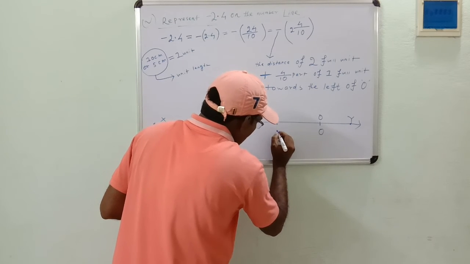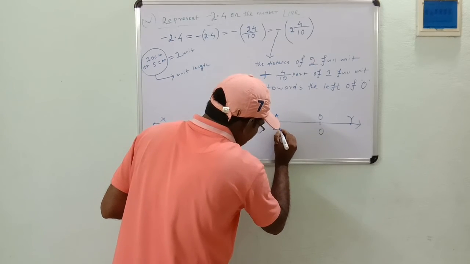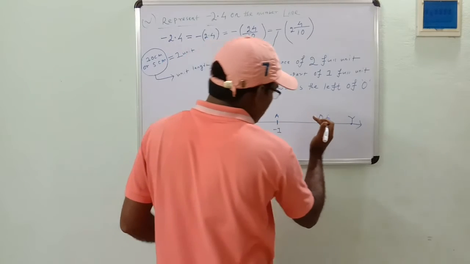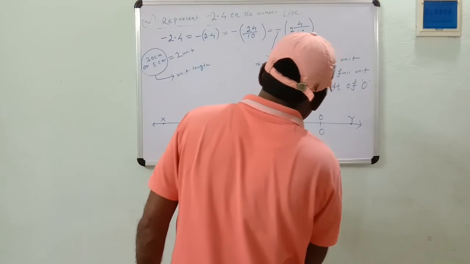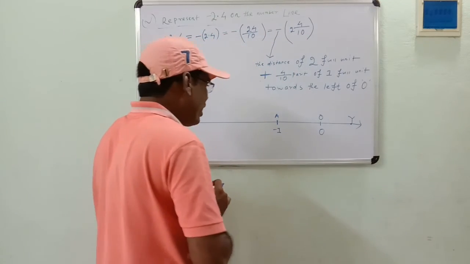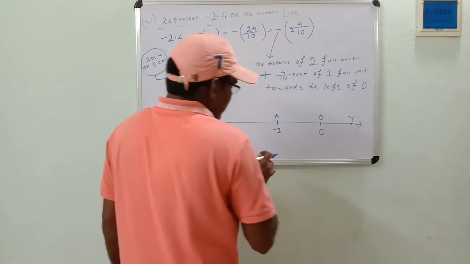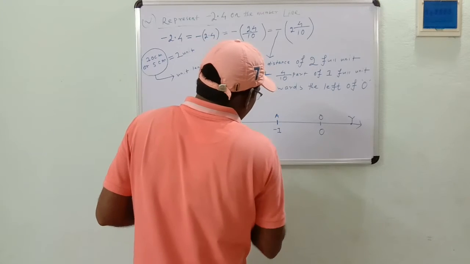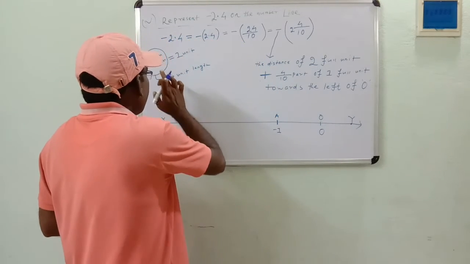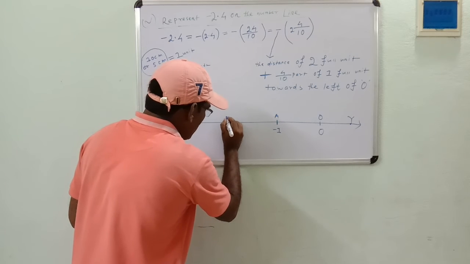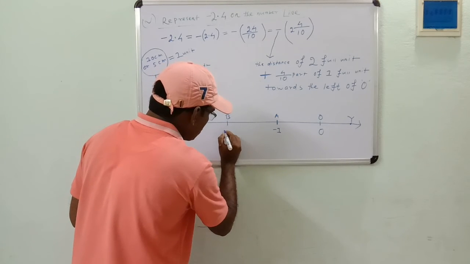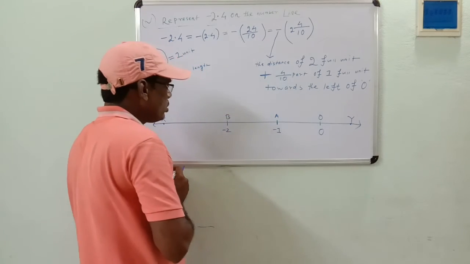Now point A will represent minus 1 as you move towards left of 0, therefore it is minus 1. Now from A at 5 cm distance, mark another point, that is point B, and it will represent minus 2.